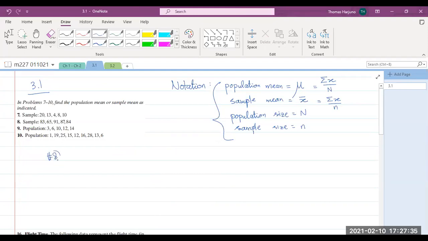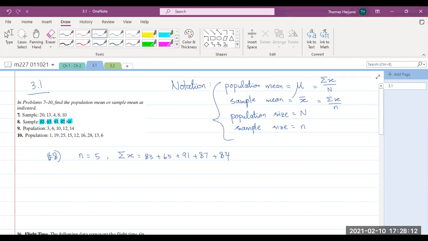Number 8. To find sample mean, I will find the n. How many elements are in that sample? There are 5 elements: 1, 2, 3, 4, 5. The second thing I want to compute is the sum of x. So you add all of those: 83 plus 65 plus 91 plus 87 plus 84.